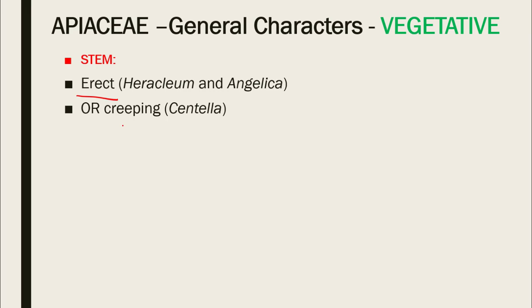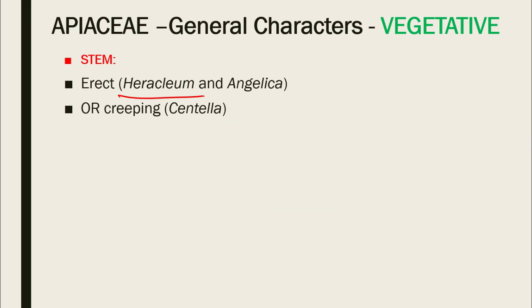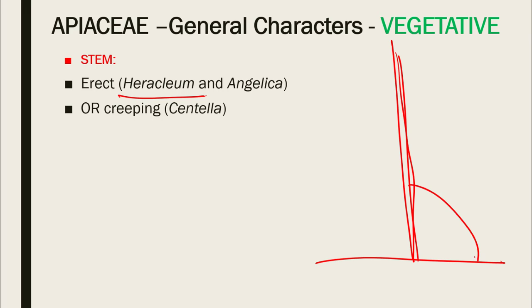However, there are certain creeping plants as well, which creep on the surface of the soil or any substratum, so they cannot grow erect. So this is Centella. These are the examples of those characters. So erect, Heracleum, which stays upright, so to say, which makes almost a 90 degree angle with the soil.